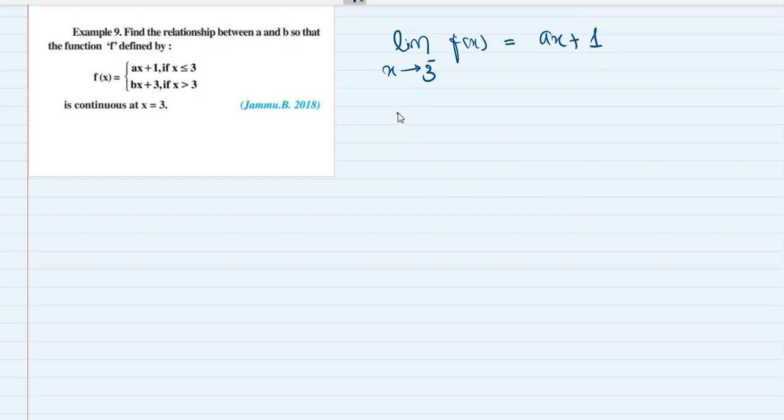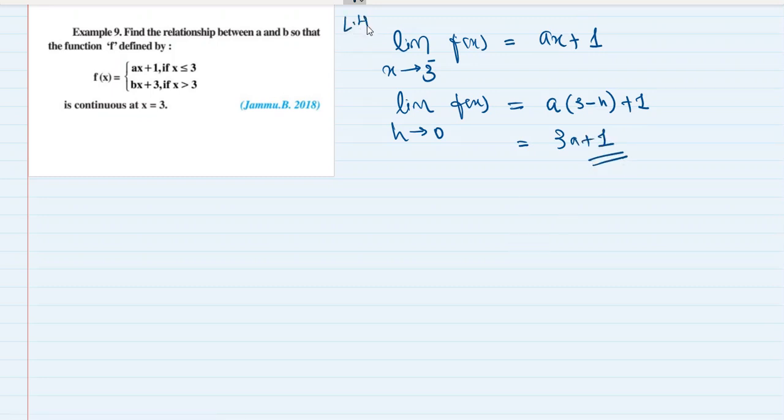So we'll use limit h tends to 0 of f of x. Now this will become a, in the place of x we are going to write 3 minus h, plus 1. Now h is tending to 0, so 3 minus 0 is 3, so 3a plus 1. Now this is the value of LHL.